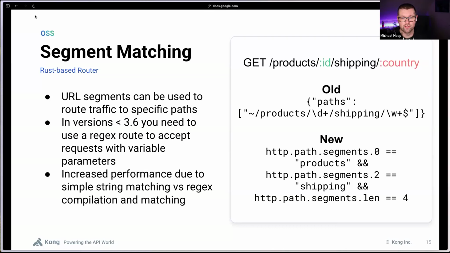So we can check if the first segment is products and the third segment is shipping. Now it says 0 and 2 because it's 0 indexed, but we're checking the first and third and then passing that request through to the upstream to extract the ID and country. So this is significantly faster than regex compilation and matching.